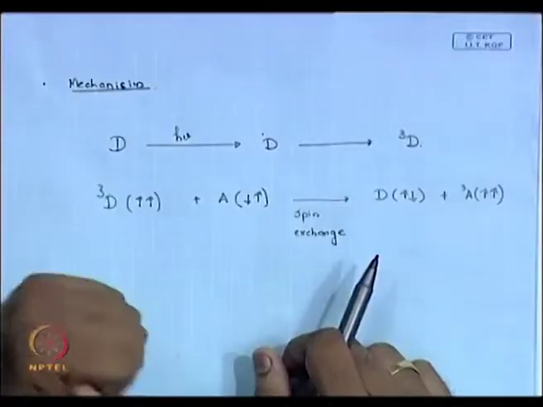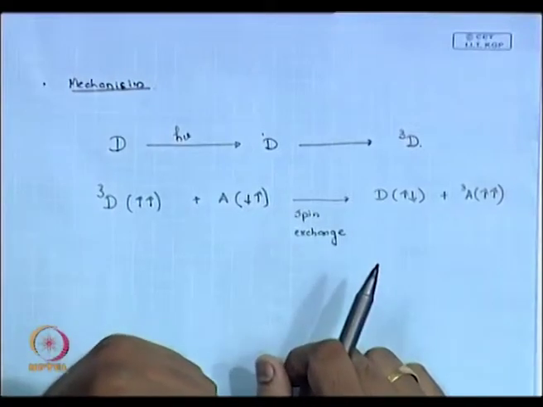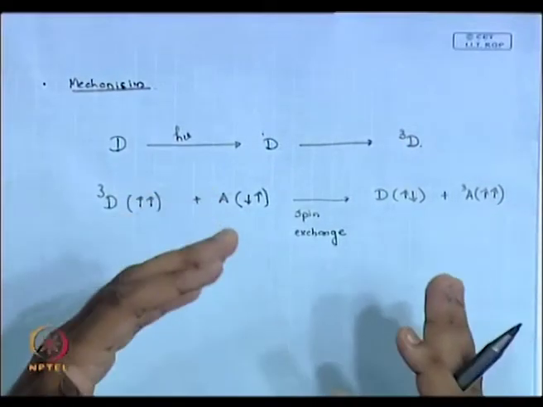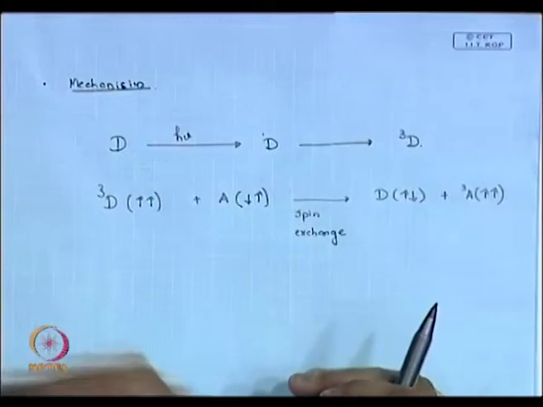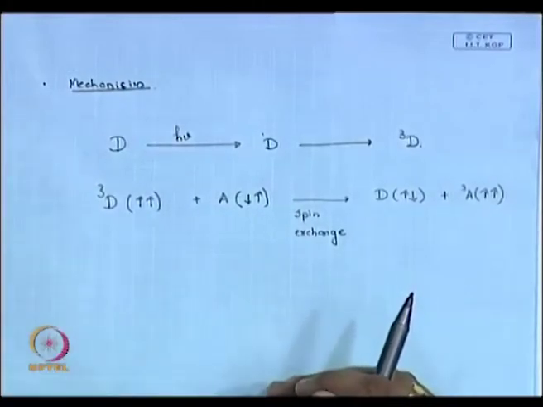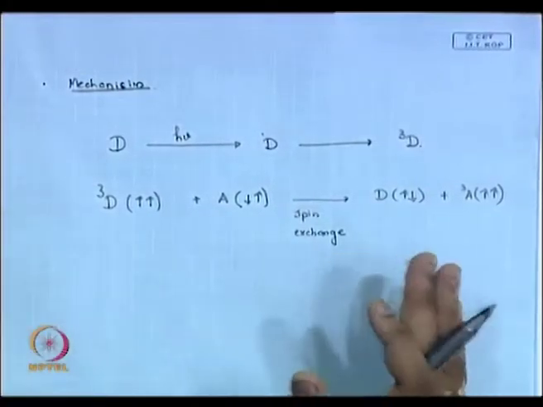So, what are the two important stages it happens is, one, it should happen from the triplet. Okay. The second thing is that there should be a spin exchange. Okay. The mechanism deals with like this. So, it should be from the triplet and there should be a spin exchange.